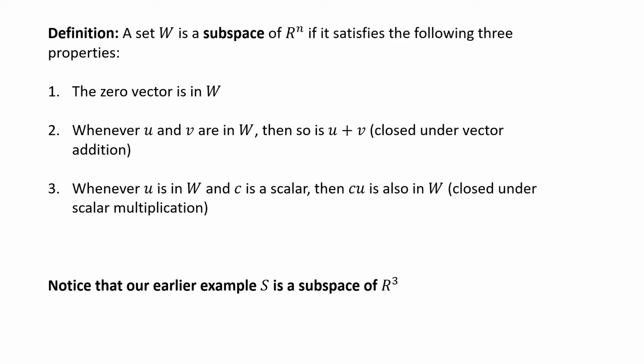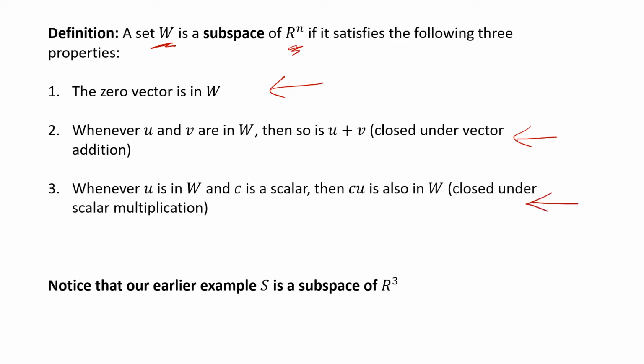So a set is a subspace of Rn if it satisfies three properties. First is that the zero vector is in it. Well, that was one of the first things we saw, that the zero vector was in that set. The second thing is that it's closed under vector addition. So you take any two vectors in it, add them together, you stay in the set.